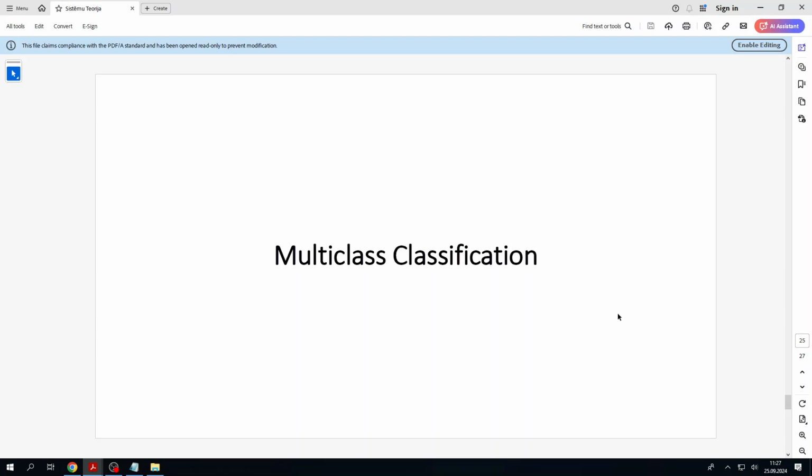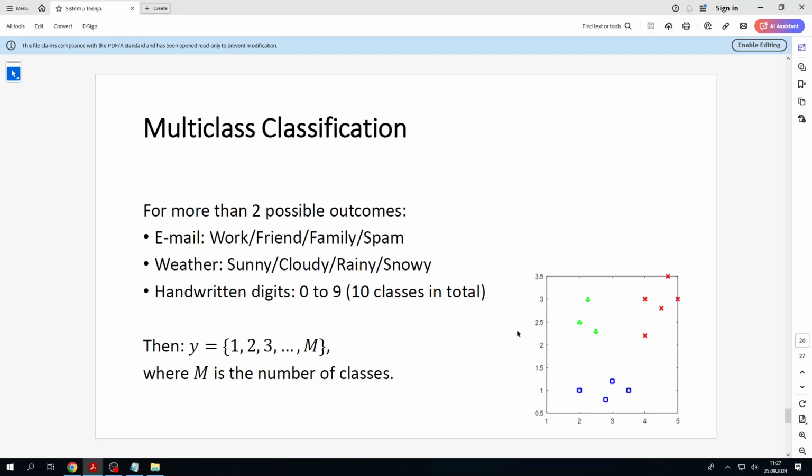So, concluding today's lecture, quite mathematically intense, I might add, let's finally say what if we now want to classify not simply into 2 categories like yes or no, but into 3 categories like green triangles, red crosses, or blue squares. Or like for email, is this an email related to your work? Is this spam? Is this for family? Maybe some promotions, et cetera. So different kinds of categories.